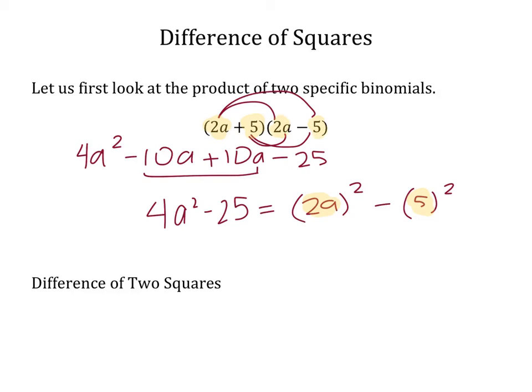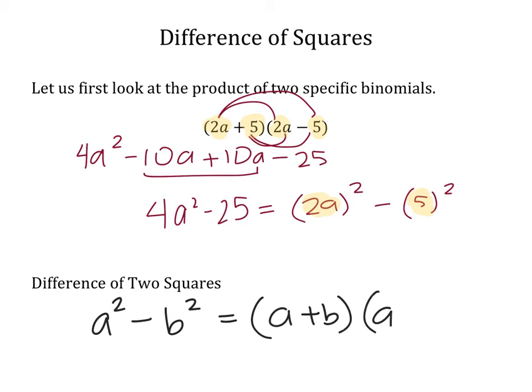So it makes sense that we have this general formula now that we're going to be using, which is, if you have two different squares, for example, a squared minus b squared, its factorization is going to be a plus b times a minus b. And we're going to see it in use in the next several problems, but this is like my favorite formula.